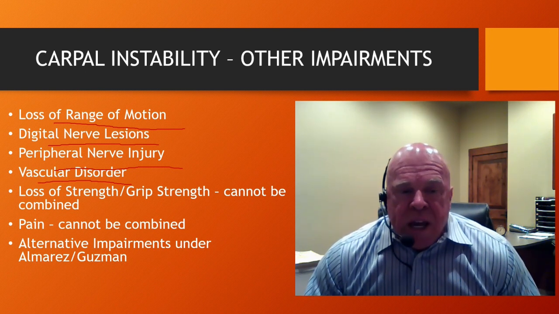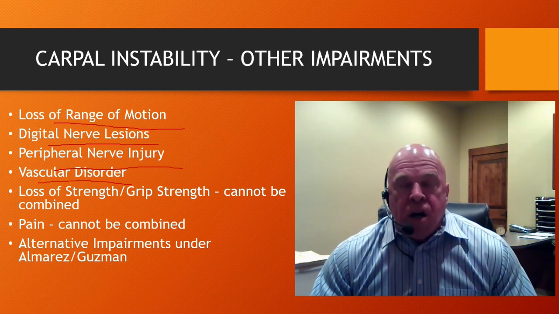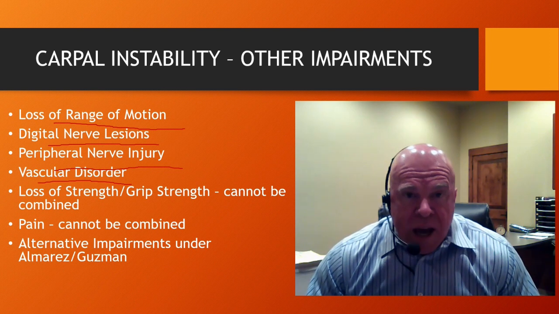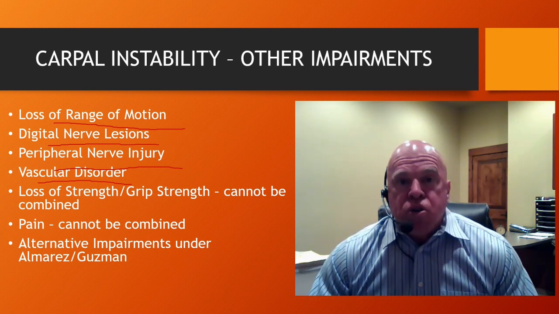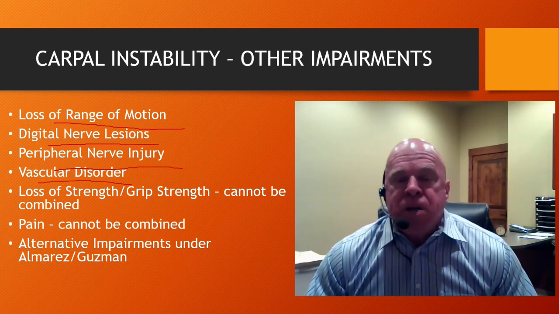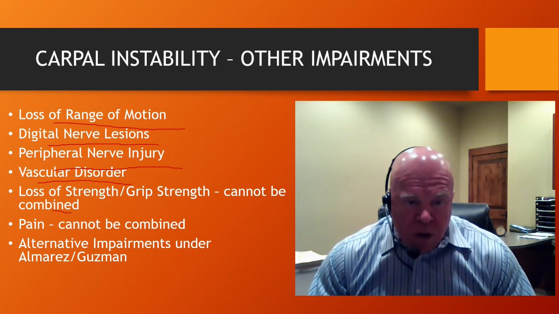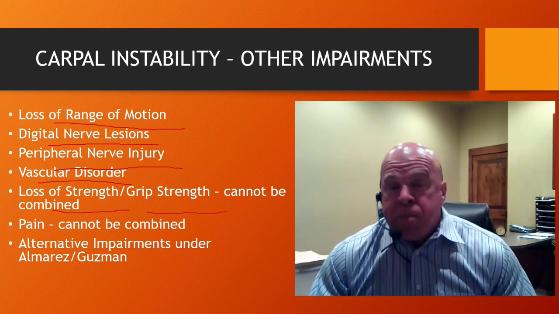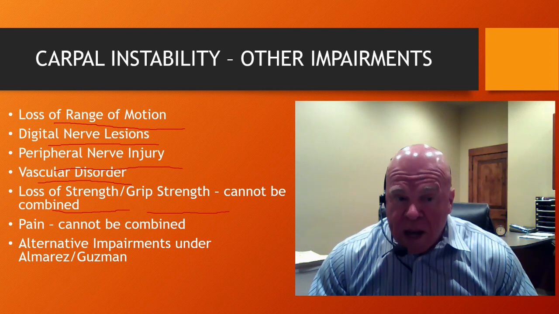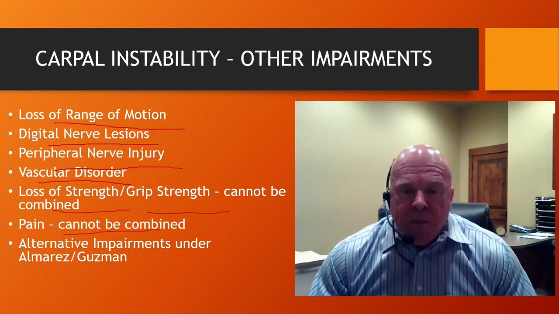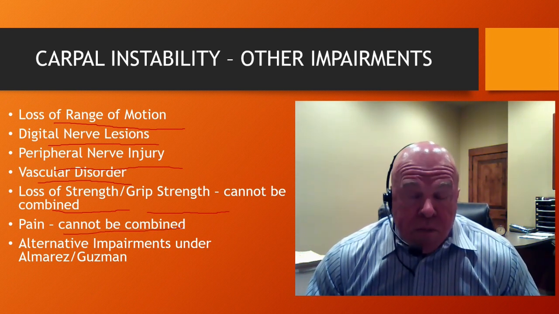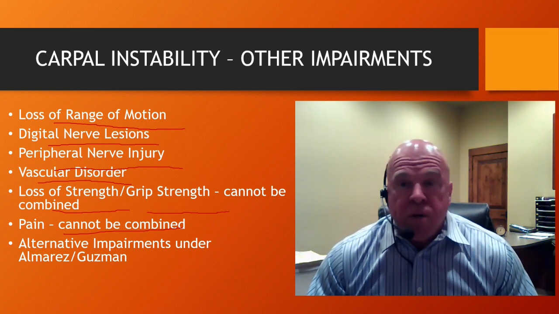Now, the AMA Guides tell us that under the strict application of the AMA Guides, impairments due to carpal instability cannot be combined with impairments due to loss of strength or loss of grip strength, and cannot be combined with permanent impairment rating due to pain.